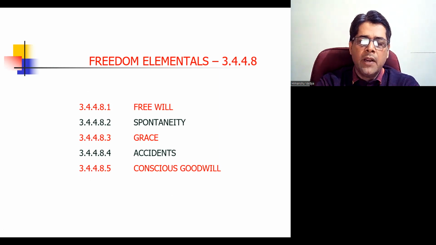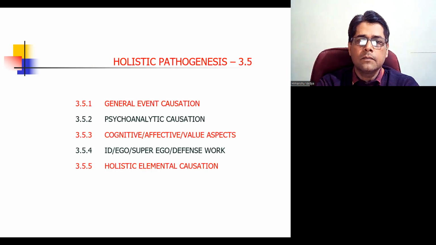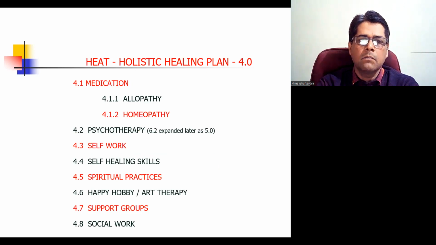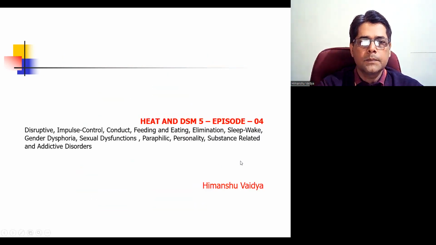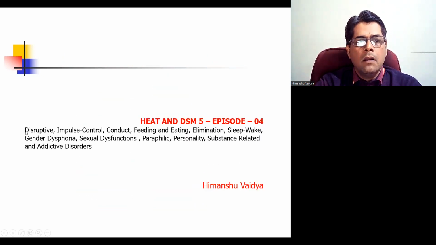8.1, 8.2, we try to enhance. 8.5, we try to cultivate to the best we can. How we draw the holistic elemental causation. When it comes to holistic healing, for disruptive impulse control conduct, the behavioral component is very important.